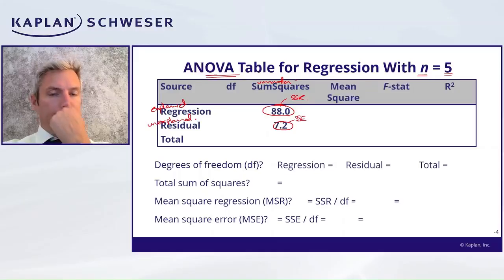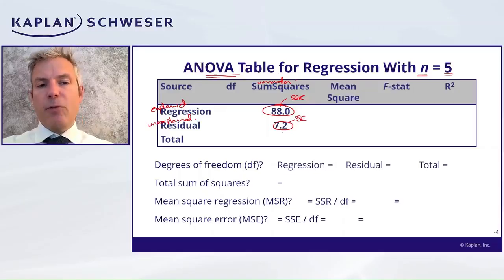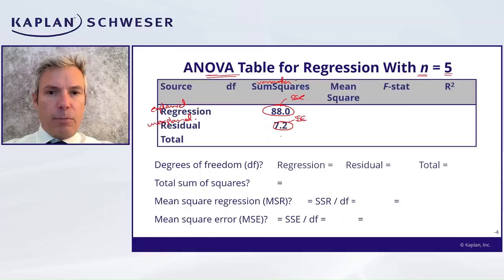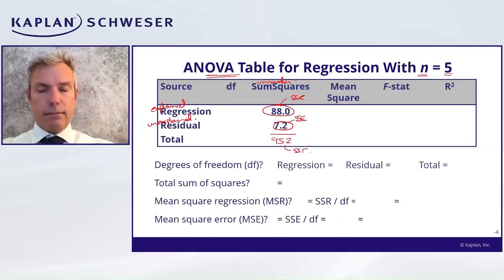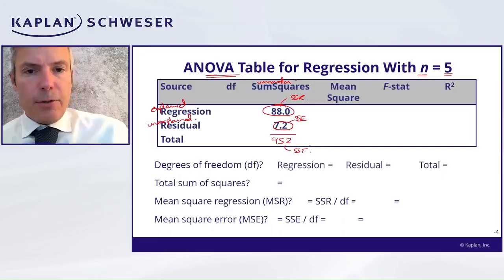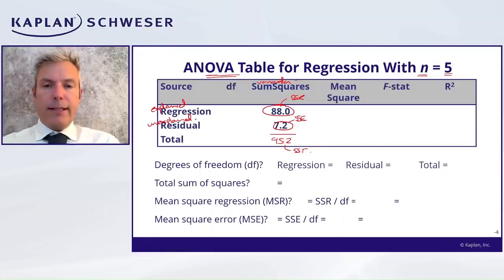Now, these sums of squares I've already introduced. When you combine these two, you can just by habit start adding these up. You'll get 95.2 there. That's the SST. So just as a knee-jerk reaction, I'll add those up and get my SST just in case I need it.